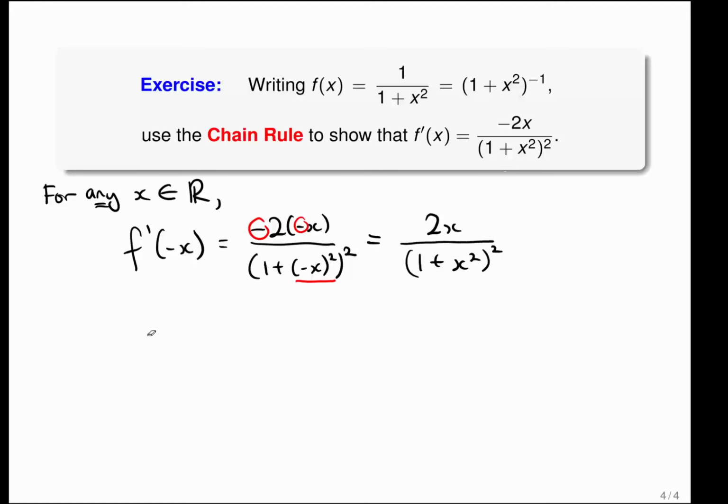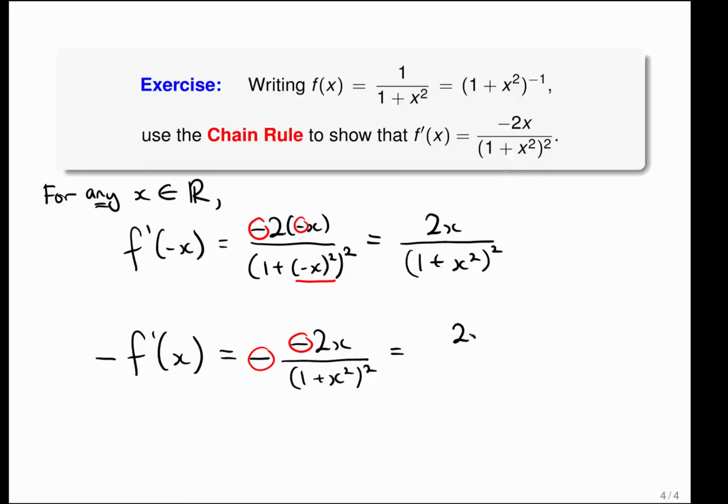Moreover, since f dash x is just the following, negative f dash x is thus the following. Once again, we have a pair of double negatives which cancel away to a positive, and so we have the following. These are the same expressions, which means f dash of minus x is equal to negative f dash x.